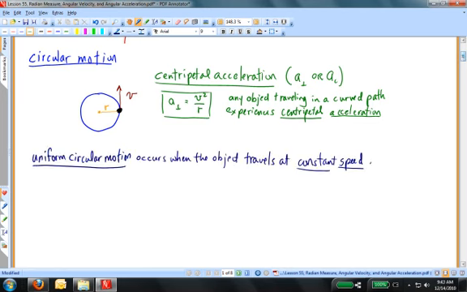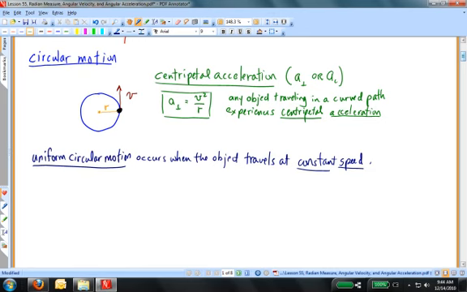Most of the problems we've solved so far have dealt with uniform circular motion, or with circular motion in which we know something about the object at some instant in time, and we didn't care about what was going on tangent to the path. We were more concerned about what was going on perpendicular to the path, in the radial direction.